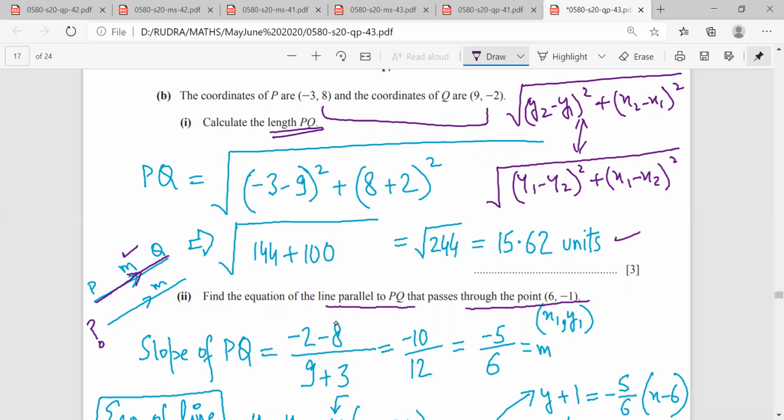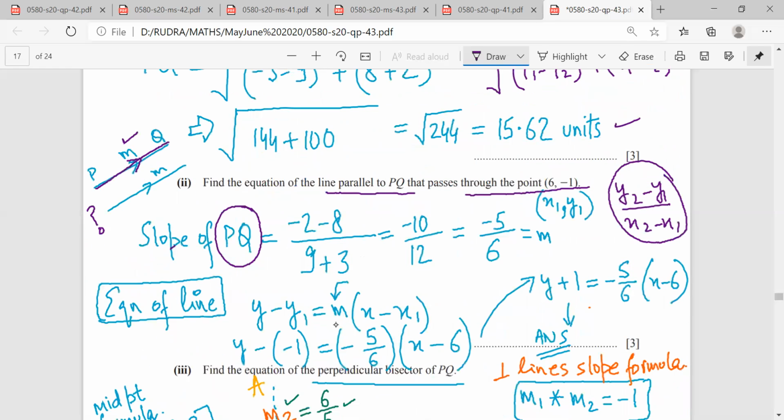So first, I need to find the slope of PQ. When I need to find the slope of PQ, I will be using this formula, y2 minus y1 upon x2 minus x1. Mr. Rudra, any doubt? No, sir. And when I put this formula, the slope that I get is minus 5 by 6.